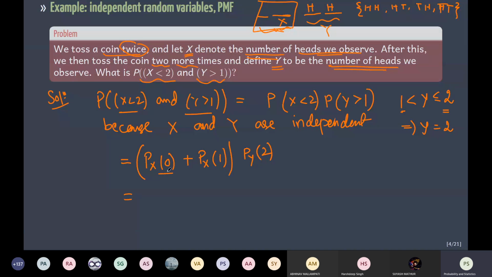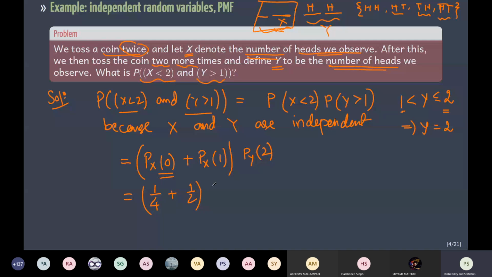Out of this, we are asking for the probability that there were 0 heads. 0 heads is the case when we have tail tail, so this is 1/4. And the probability that it's exactly 1 head is this case, so this is 2/4, which is half.